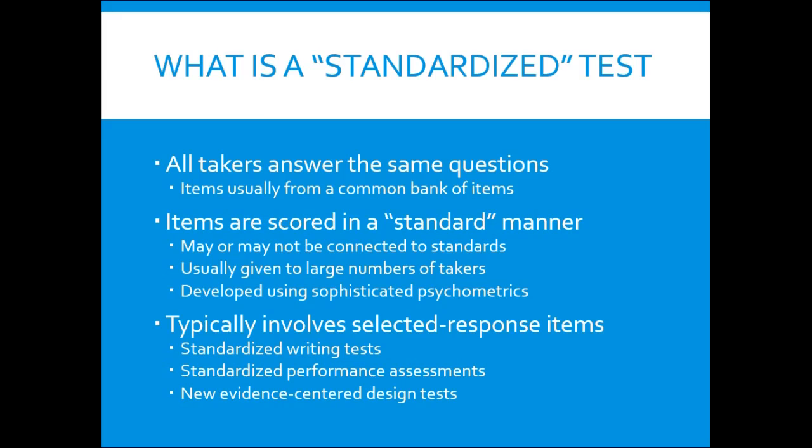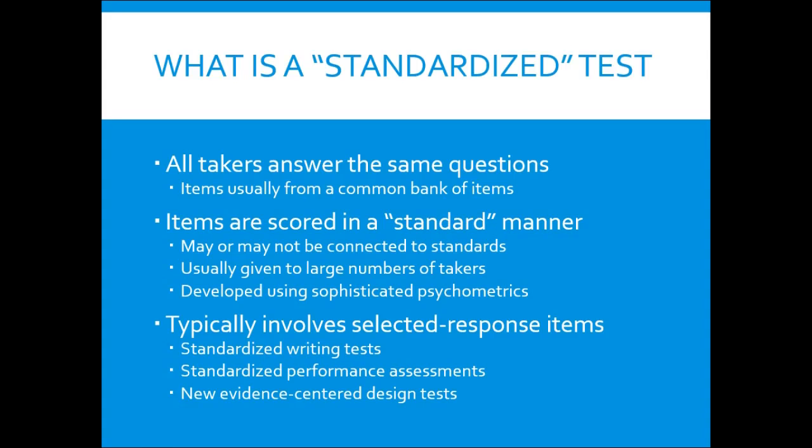Standardized tests are usually given to large numbers of test takers. They're developed for comparing large numbers of people in a standardized manner, using sophisticated psychometric techniques. We won't get into these techniques in this video, but it's important to know that there are a lot of assumptions that go into making standardized tests, and many of these relate to a technique known as item response theory, or IRT.